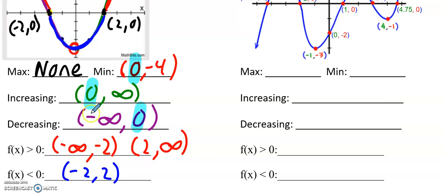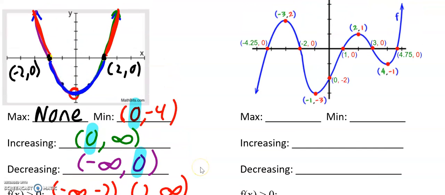That's what we're talking about here. This was the increasing, decreasing, which also matches up. Since it was above the x-axis until -2, then starting at -2, it's below the x-axis until +2, and then at +2, it's back above the x-axis. That's what this is telling us.